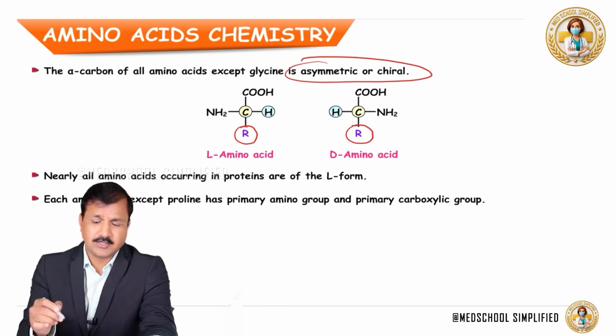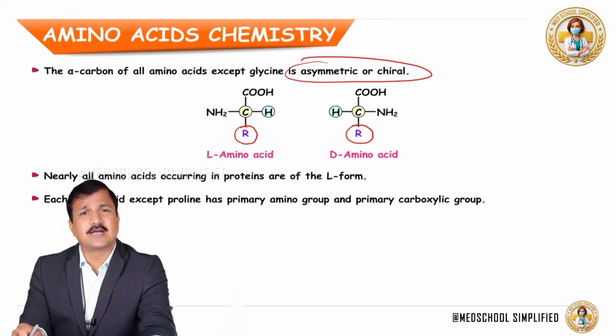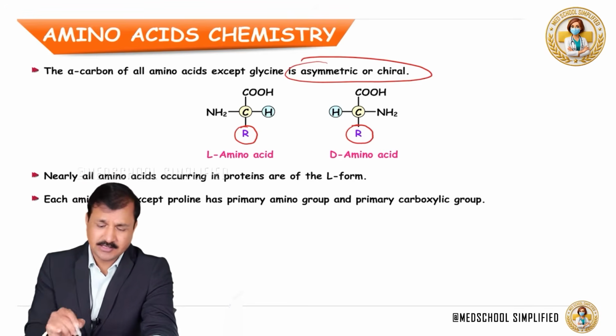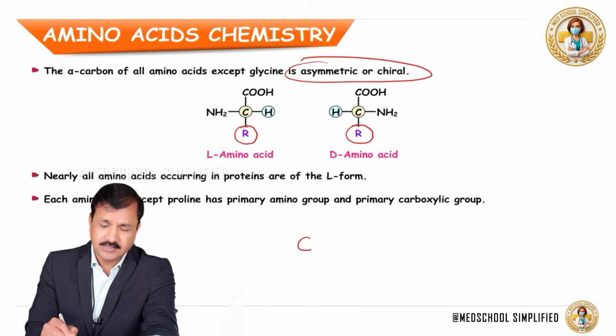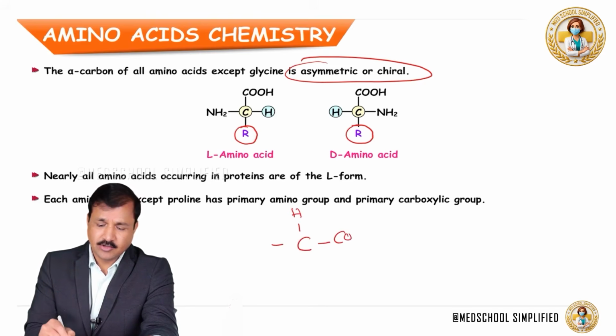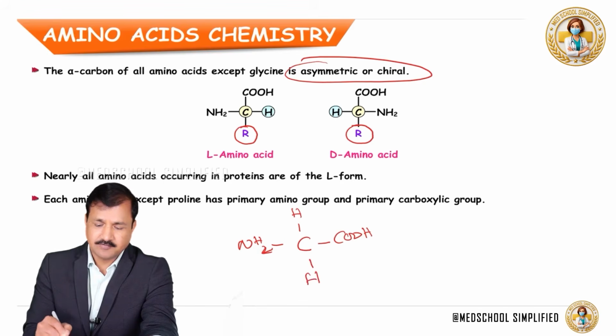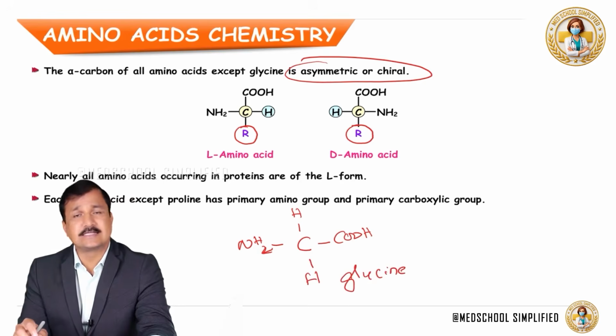Let me explain that by taking the example of glycine and alanine. These are 2 simple amino acids. I am going to write down the structure of glycine. I am writing alpha carbon, then H, COOH, that's the primary carboxyl group, NH2, the primary amino group, and then H. This is the amino acid glycine. The simplest amino acid in our body is glycine.